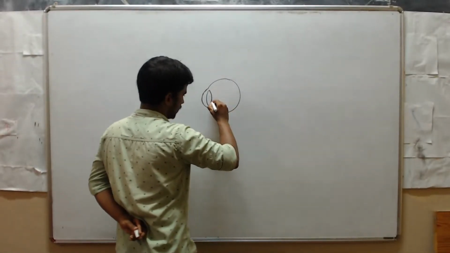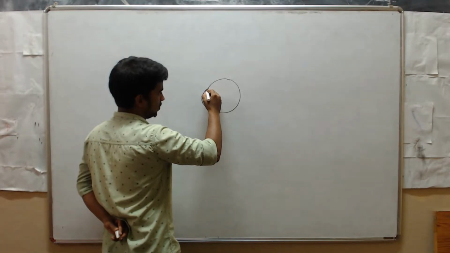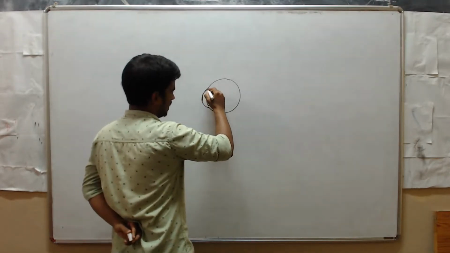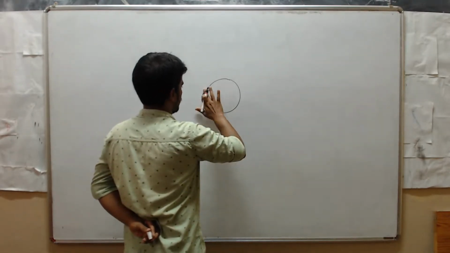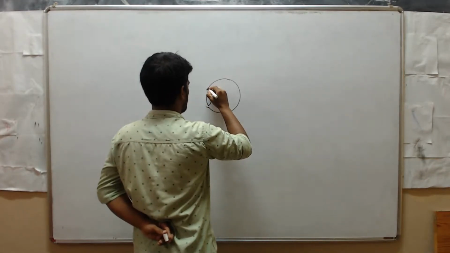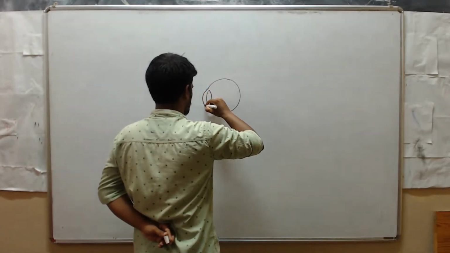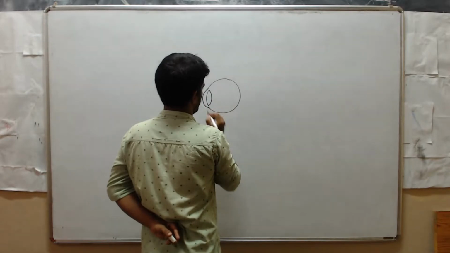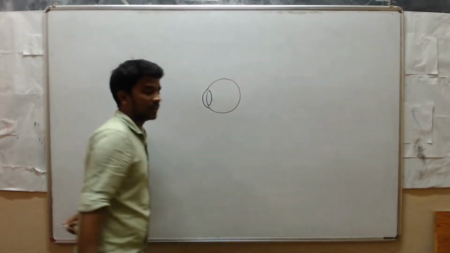That lens is not made of glass, it is made of a jelly-like material, white colored jelly. Here, this is the retina.